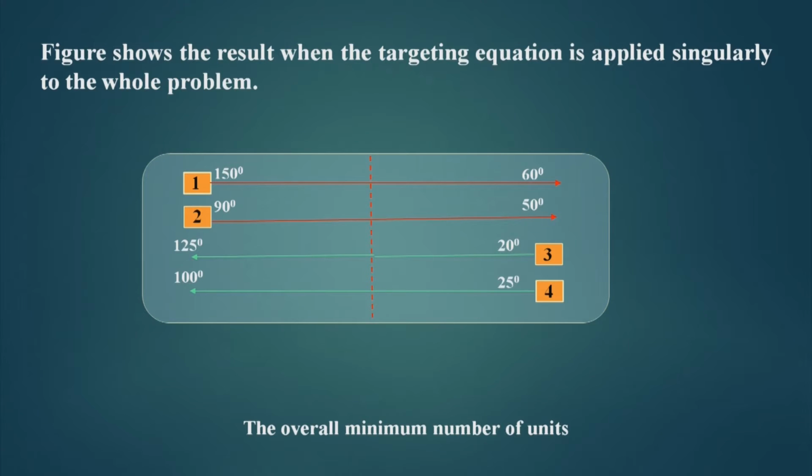The figure shows the result when the targeting equation is applied singularly to the whole problem. How will this become a whole problem? When we allow heat to pass through the pinch. In general, in a MER design, heat is not passed through the pinch, and that is why the design is divided into 2 parts which are not thermally connected.